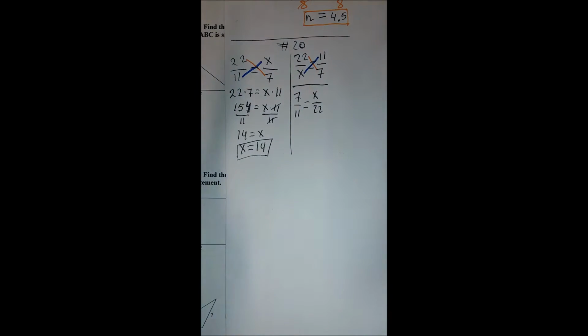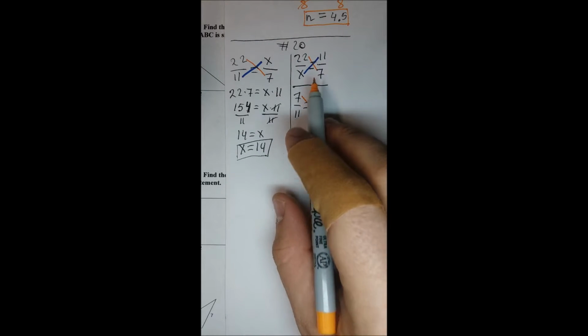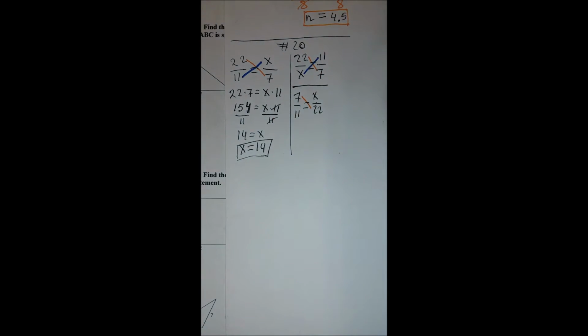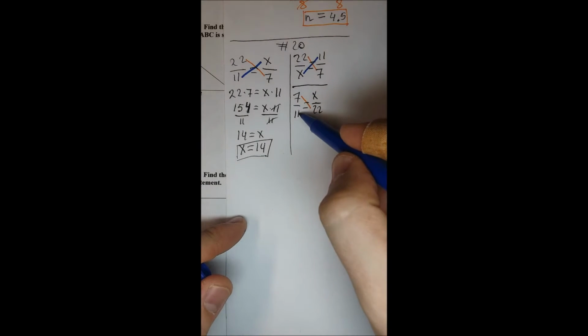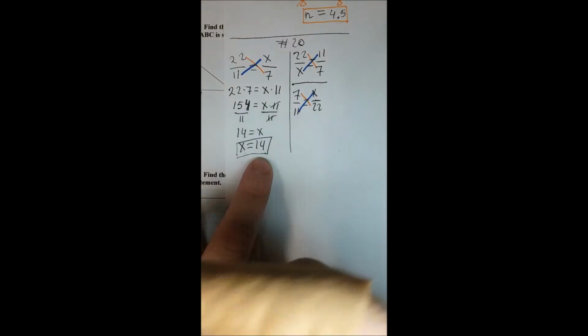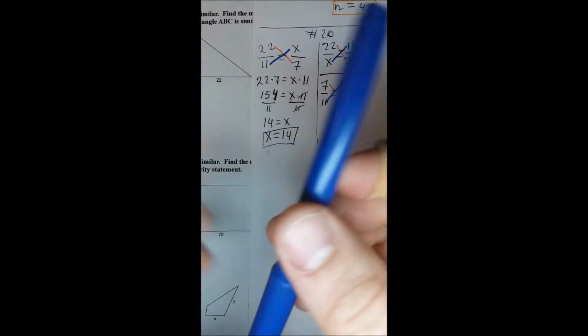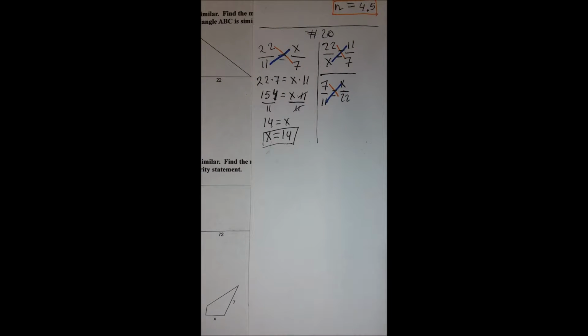And if you do this proportion, 7 times 22 is the same thing as 22 times 7, and 11 times x and x times 11 are exactly the same thing, and the answer will come out to 14. So there are at least three different ways that I just showed you, and there are many more choices than that. So that's how you do question 20.